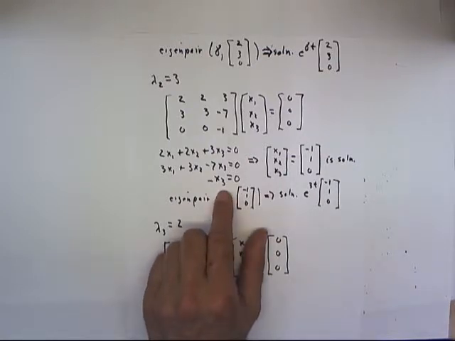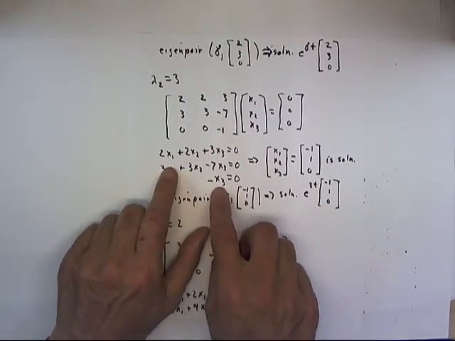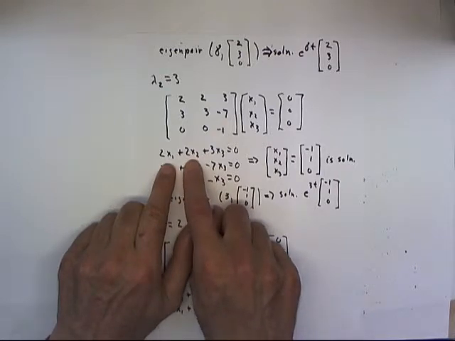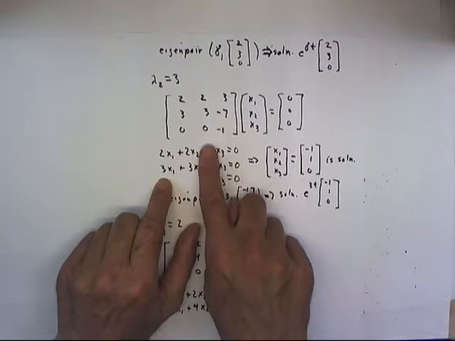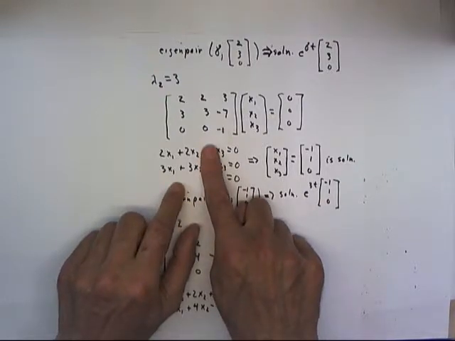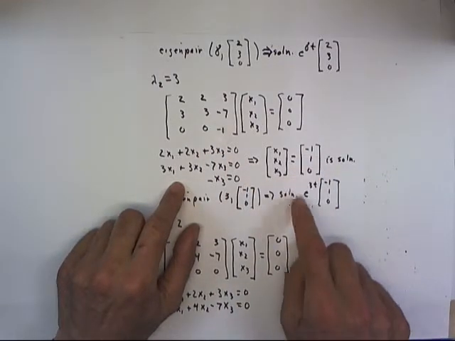As before, we find that x3 has to be 0, and once x3 is 0, these two terms fall off. We just end up with 2x1 plus 2x2 equals 0, 3x1 plus 3x2 equals 0, the equations being multiples of one another. A solution is x1 equals negative 1, x2 equals 1.